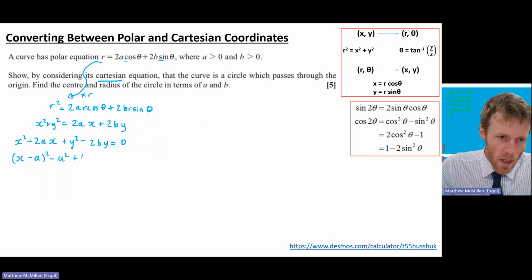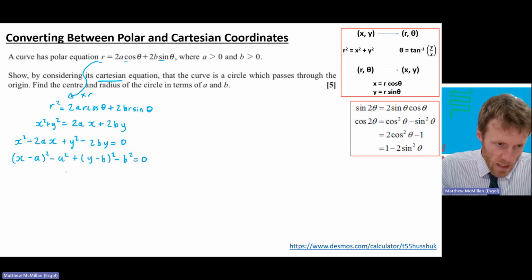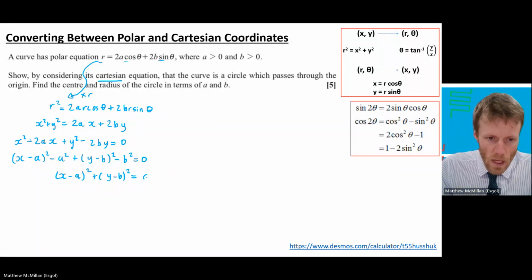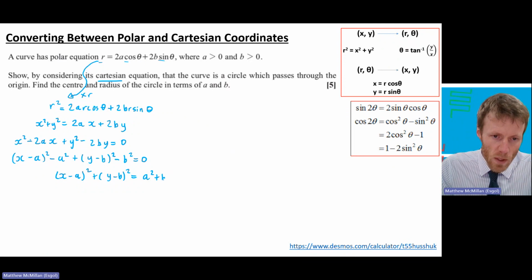And we'll do the same with the y bit. So y minus b all squared minus b squared equals 0. And then let's make it look explicitly like a circle, because that's what they want. x minus a squared plus y minus b squared equals a squared plus b squared.